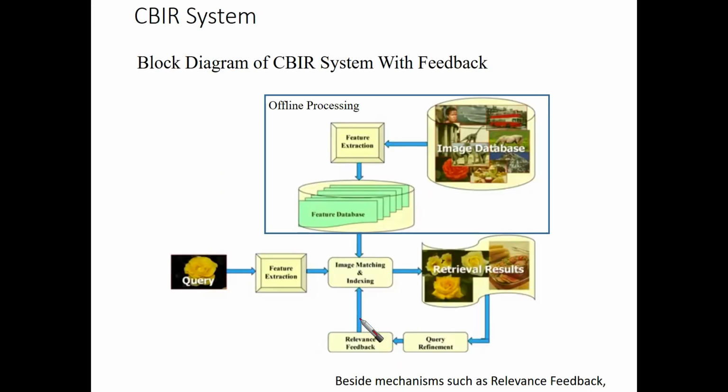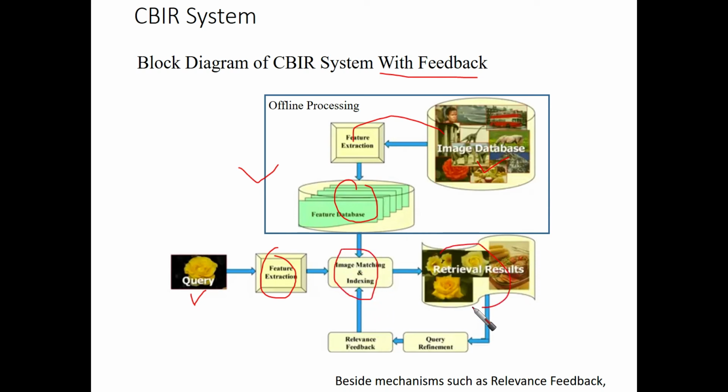If we look at the block diagram of content-based image retrieval with something called feedback, it looks like that. It is the same offline processing. You have the image database, and from there you extract the features. So you have a feature database, and you are providing the query as an image, then the feature query, and then you do the indexing and matching.